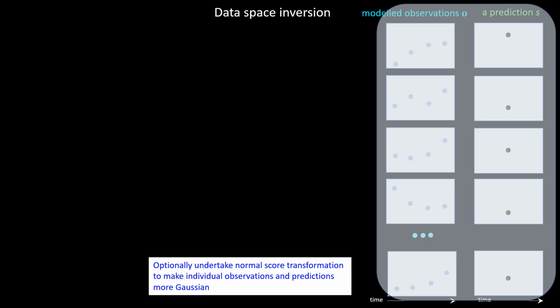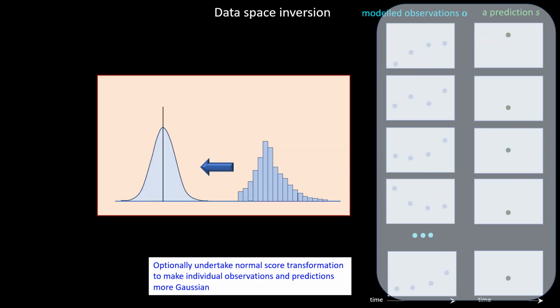Optionally, I do a normal score transformation of each one of these outputs to make things a little bit more Gaussian, so that the probability distribution of these outputs, as obtained through doing those few hundred model runs, allows me to create this normal score transform, which makes them look on an individual basis Gaussian, and this can often improve the performance of data space inversion.